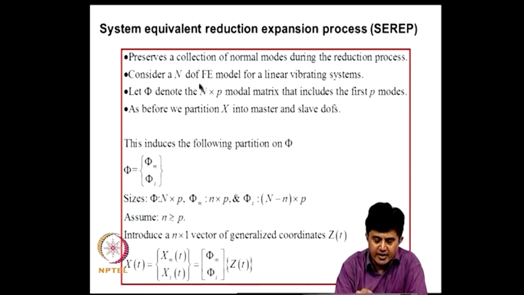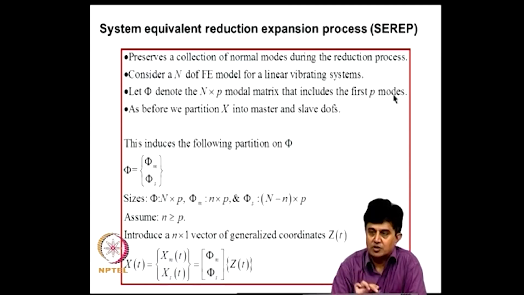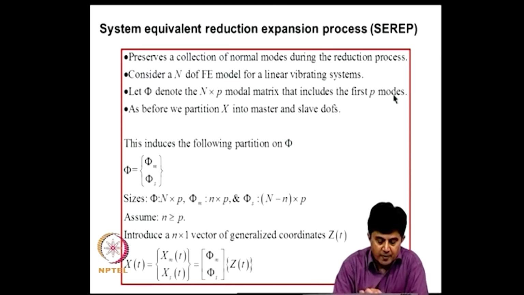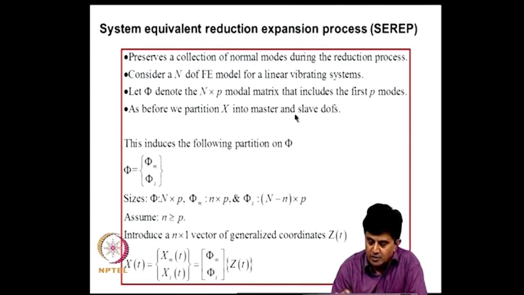Suppose we consider an n degree of freedom model for a linear vibrating system, and let capital phi denote the n cross p modal matrix that includes the first p modes. As before, we partition x into master and slave degrees of freedom. This partitioning on x induces a partitioning on the partially known modal matrix as phi m and phi s.